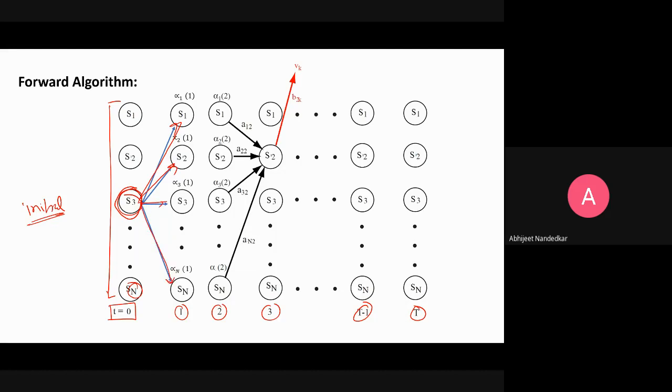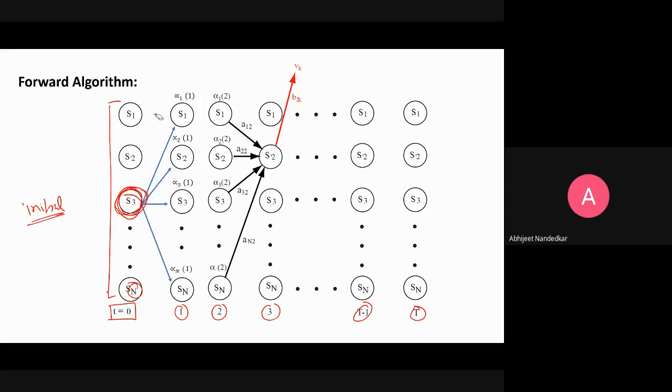S3 is the beginning, so this is fixed. This is known to me at time step 0. There will be transitions at time step 0 from S3 to all other states that are possible or allowed.